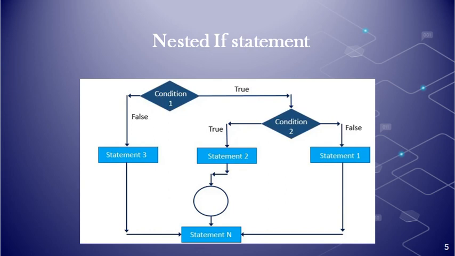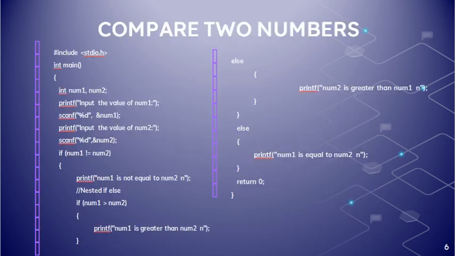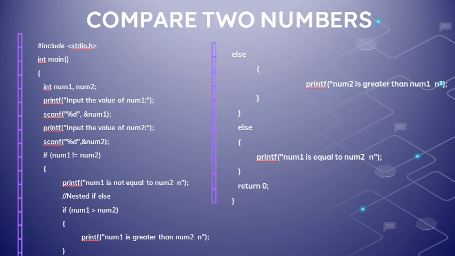Next, we can see an example for a nested if statement. We can compare two numbers. When comparing two numbers, we have to check whether one number is greater than the other, or less than the other, or they are equal. How can we check that?